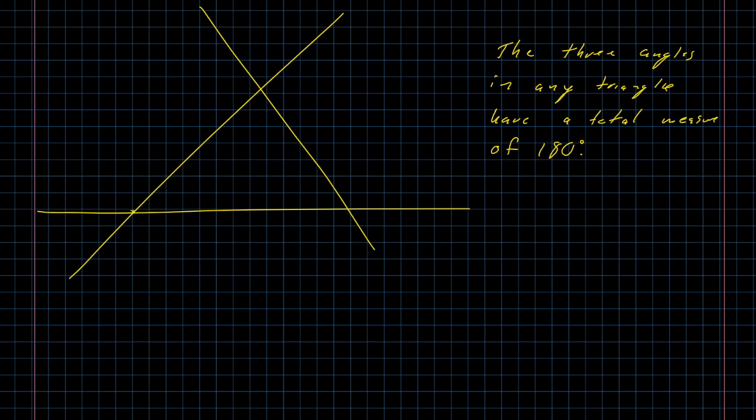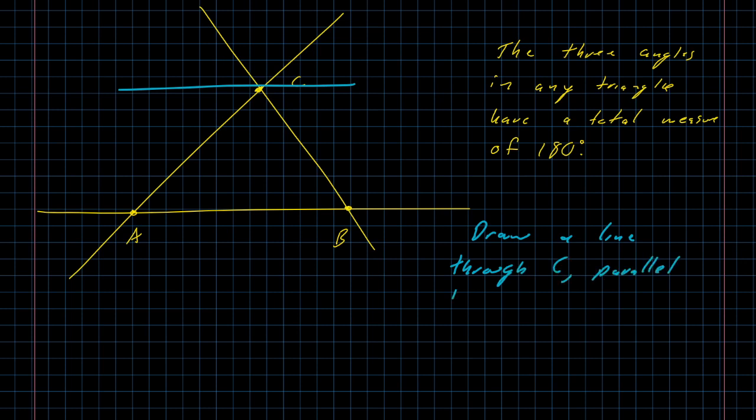Let's take a look at this triangle. I'm going to go ahead and name the 3 corners of the triangle as A, B, and C. And I'm going to draw a line through C which is parallel to AB.